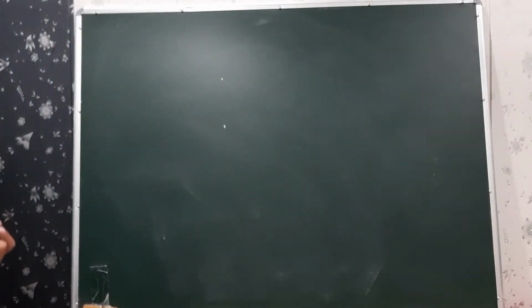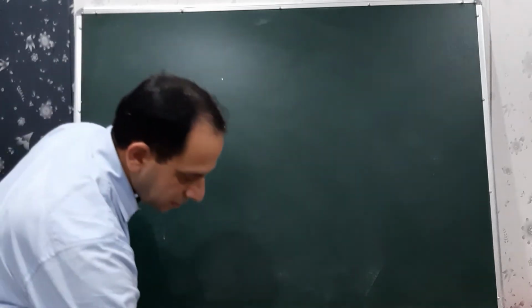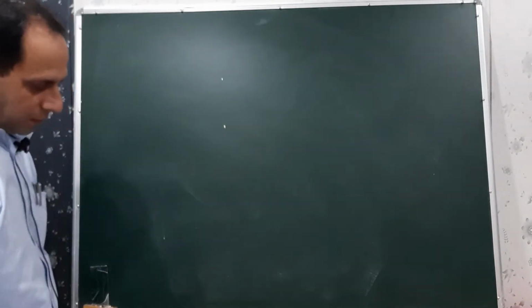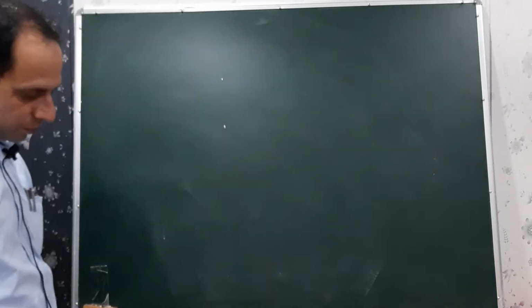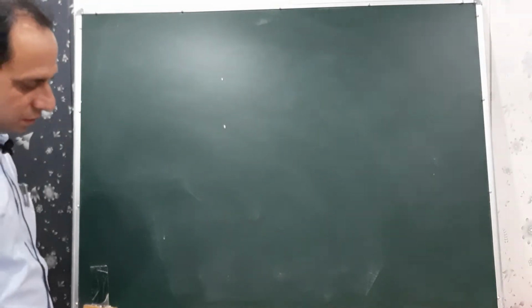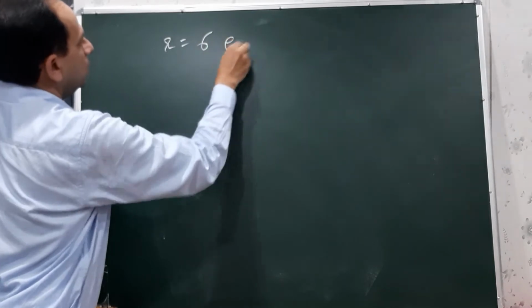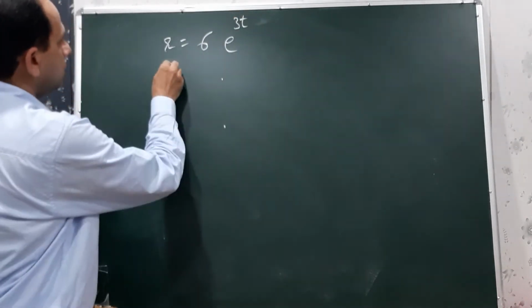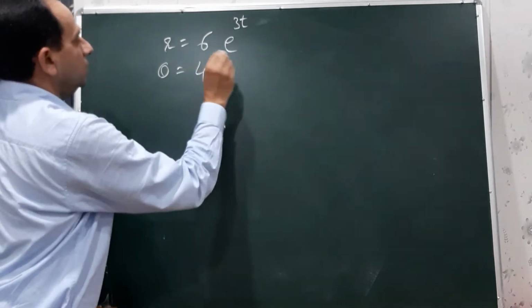Now, we will solve a numerical on the basis of the polar system. Let the plane polar coordinates of a particle at any time t be r equal to 6 into e raised to power 3t, and theta equal to 4 into t.